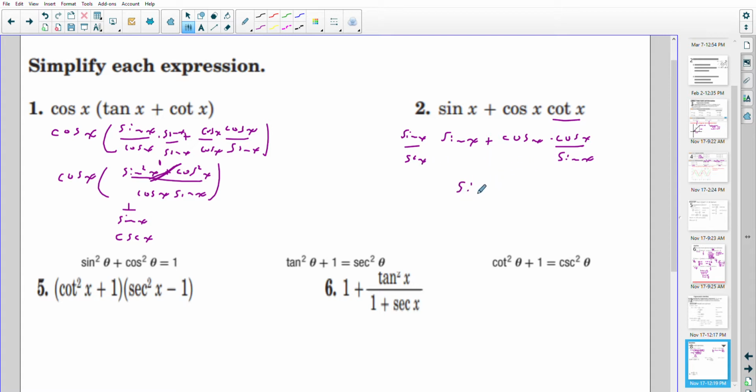So it's going to be sine squared x plus cosine squared x all over sine x, which means, again, 1 over sine x or cosecant x. Now, you may run into dead ends. I would just cross it off and start over when you do these problems.